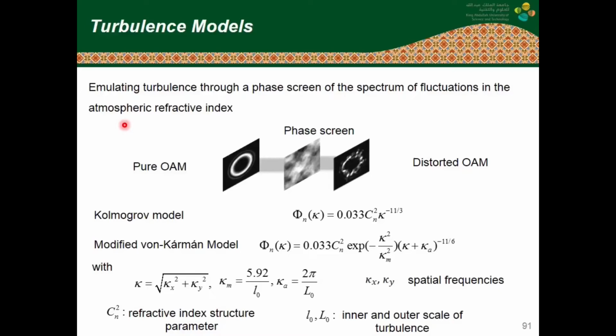Emulating turbulence in OAM FSO systems can be performed through the use of random phase screens generated from the power spectral density of the fluctuation of the refractive index of the atmosphere. Two main models are used to model the refractive index fluctuations. The first and oldest one is the Kolmogorov model, which is considered to underestimate the effect of turbulence.